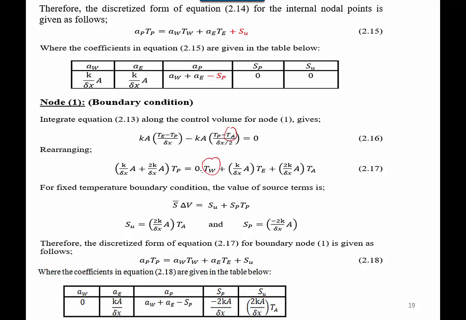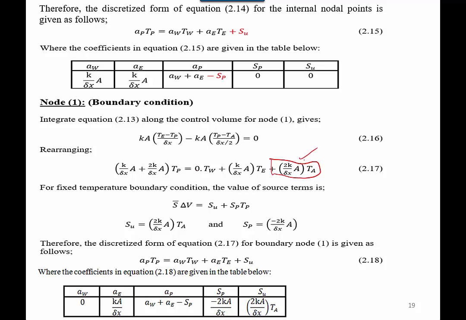We will put 0 multiplied by T west and write the remaining on the left side. We see a strange new term, which appears in equation 2.17, which is 2KA over delta X multiplied by the term TA.